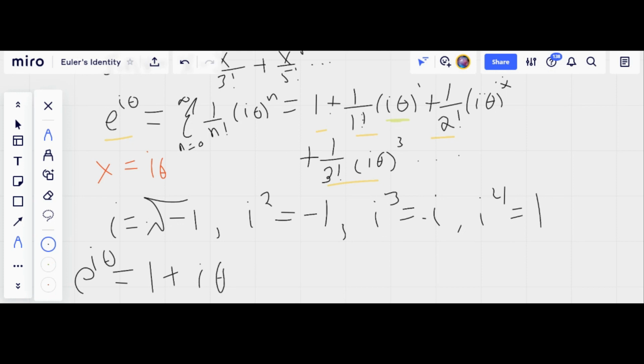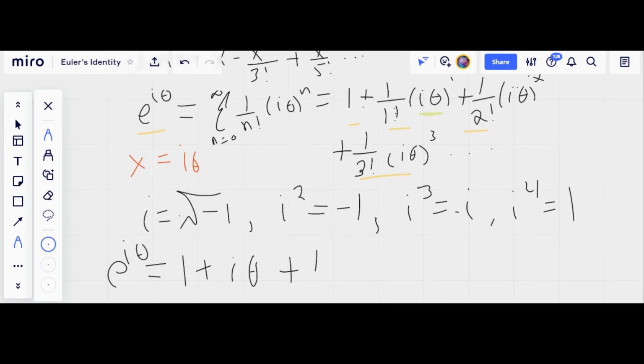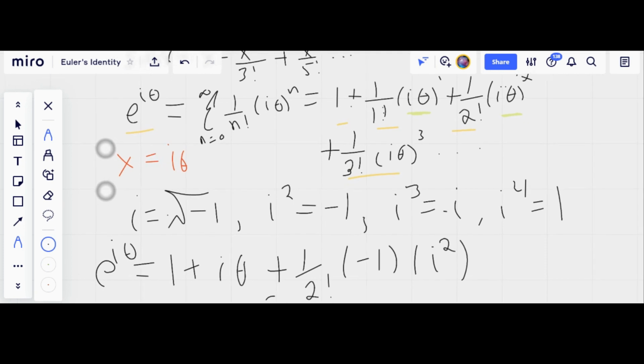Okay, now we have the second term, right? 1 over 2 factorial. Now, what is i theta to the second power? Well, it's just going to be minus 1 all times theta squared. All right, and now we do this for the rest of the terms.